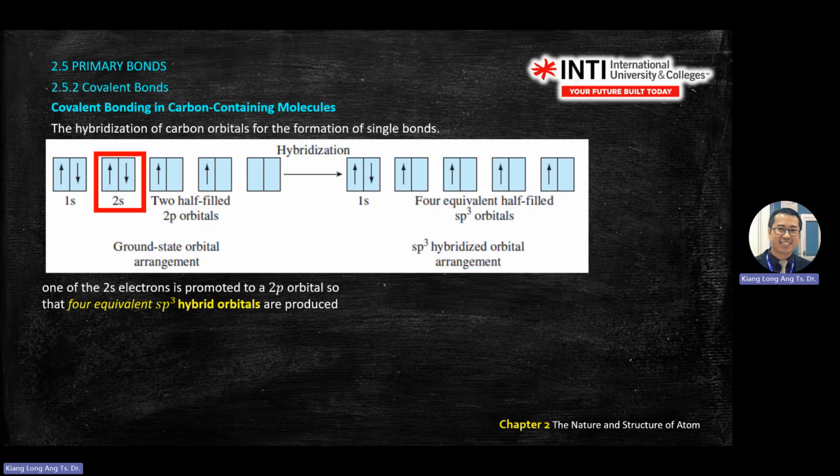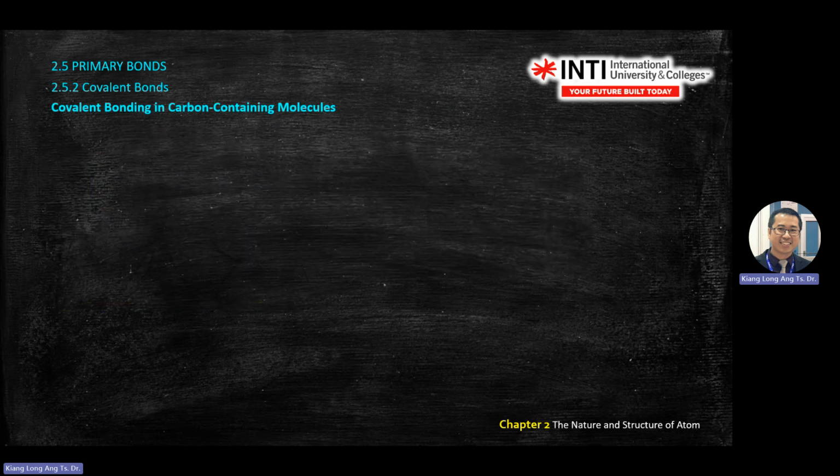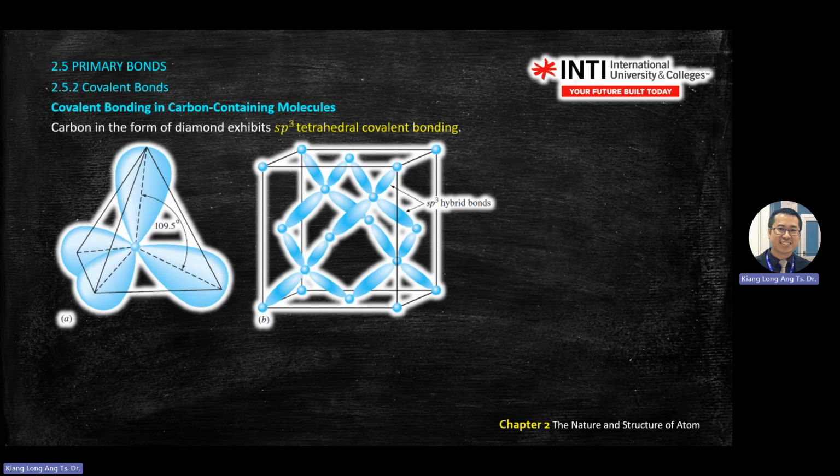You read whether this happens in the carbon element. This one is just for your information. You see these complex structures usually in diamond or those expensive stones.